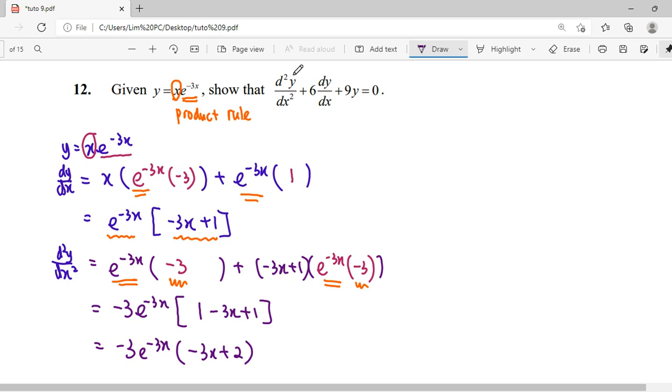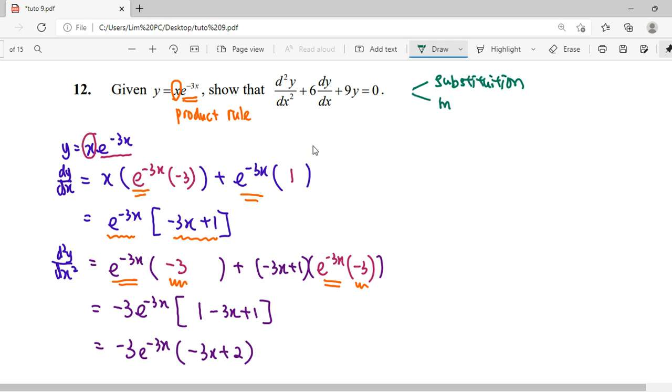Okay, so after we get the second derivative and first derivative, we're going to show this. When we have an explicit equation, showing we have two methods. One is the substitution method.